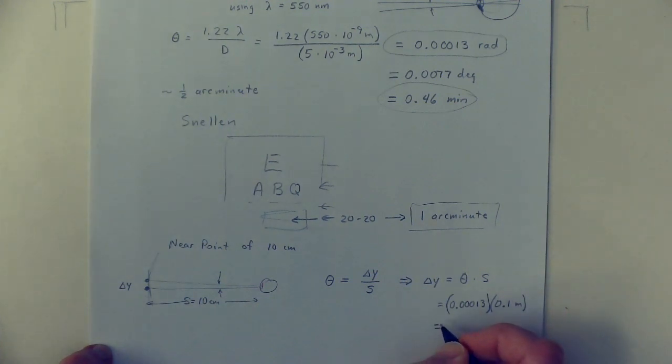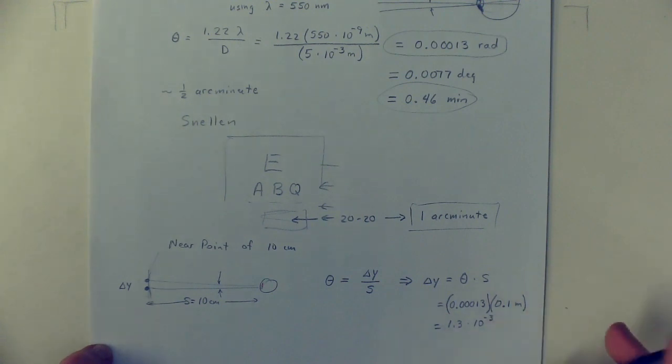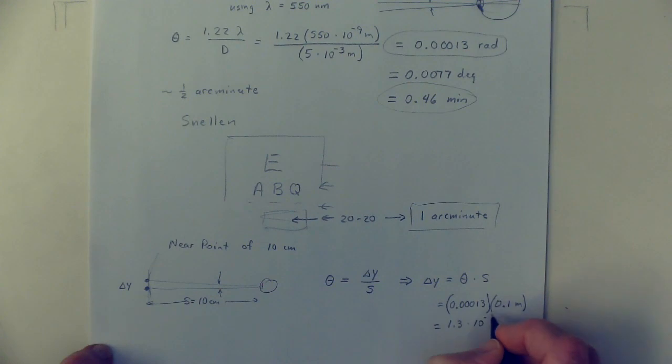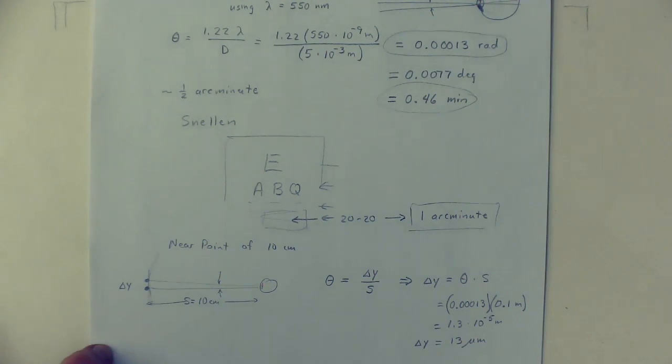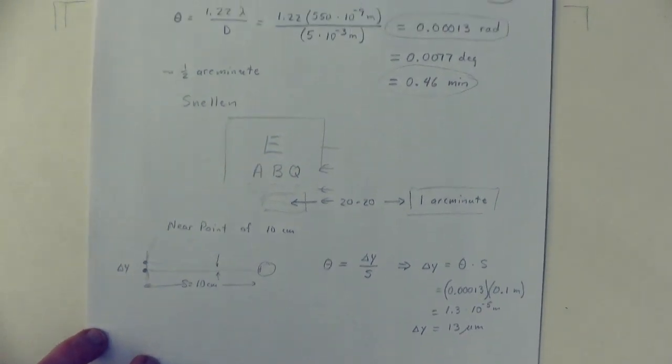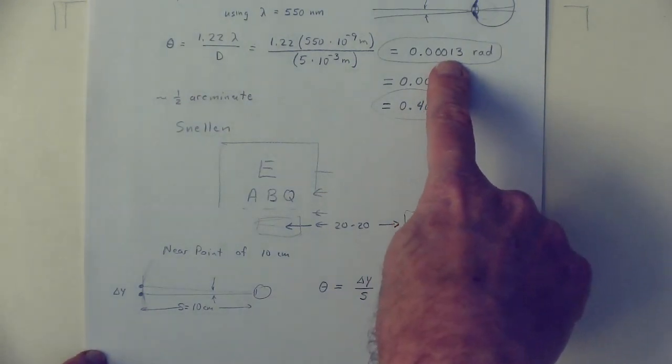And what do we get when we do that? Well, you get 1.3 times 10 to the minus 5 meters, or another way of writing this would be 13 micrometers. That's how small a detail you can see if you had perfect vision.